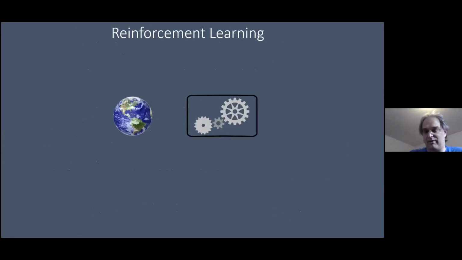Okay, so let's start with reinforcement learning. Let's think about what reinforcement learning is for just a moment. So you have a world and you have a reinforcement learning agent, and some observation comes from the world to the agent. You have a policy in the agent which needs to make a decision about which choice to take. It chooses some action, and then another observation comes from the world.